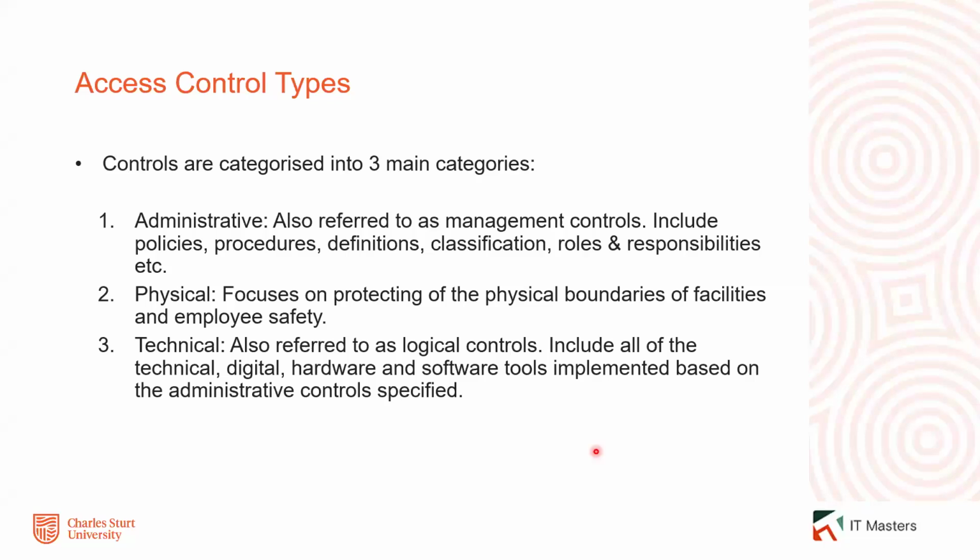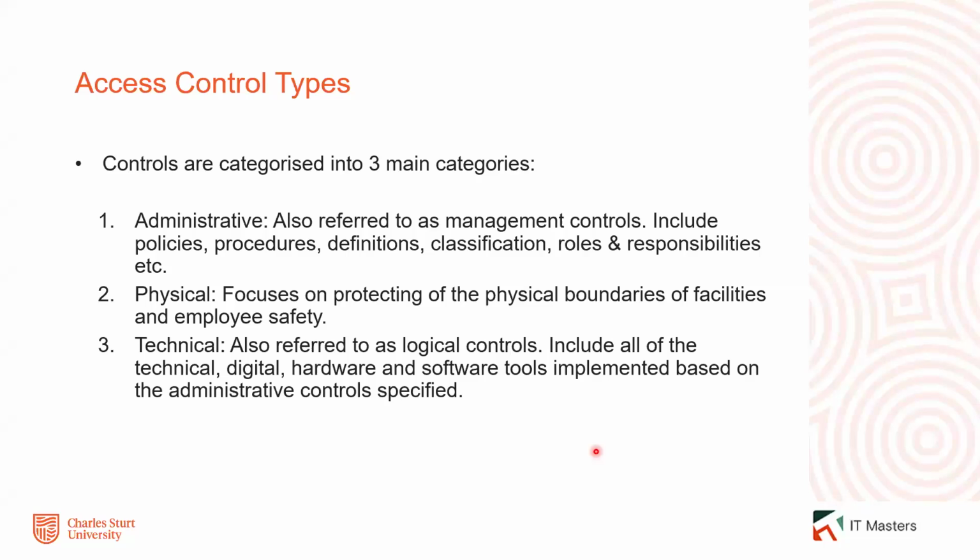And they include the policies for access control, the procedures for implementing access control, the definitions around our assets and objects, the classification scheme that we choose to apply, whether it's military or commercial, and the roles and responsibilities. So who are the custodians, the owners, the administrators, and the users?